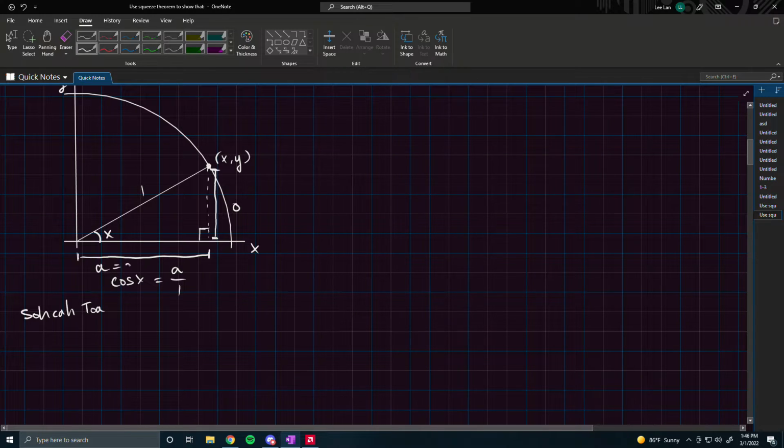So that means this is just cosine x, because cosine x is just A.